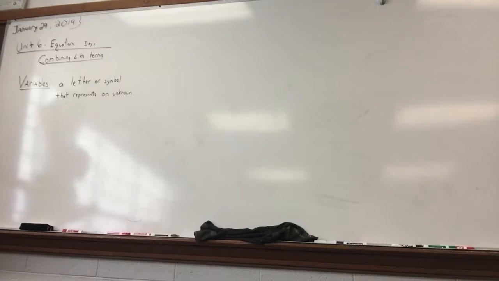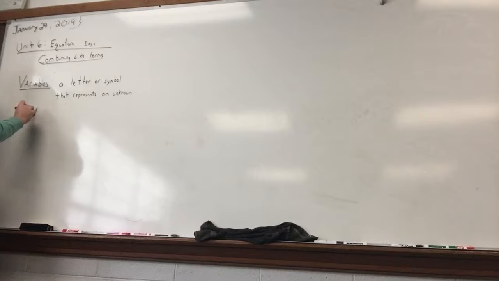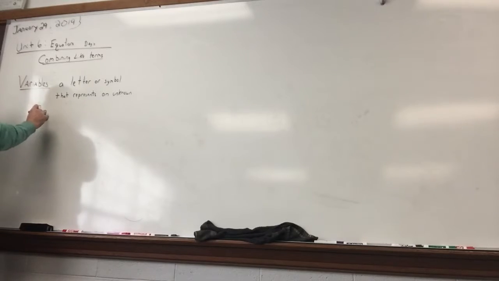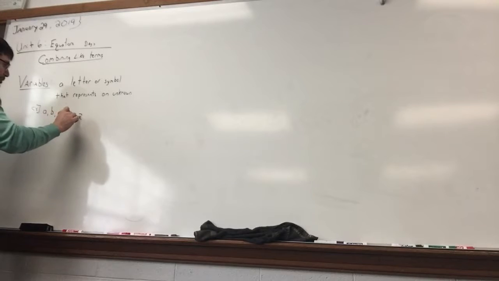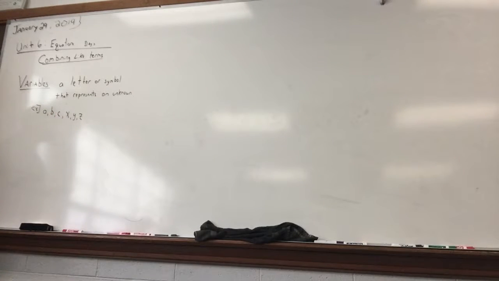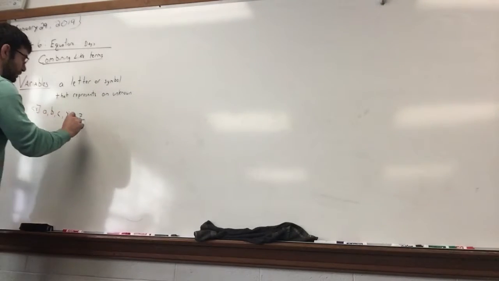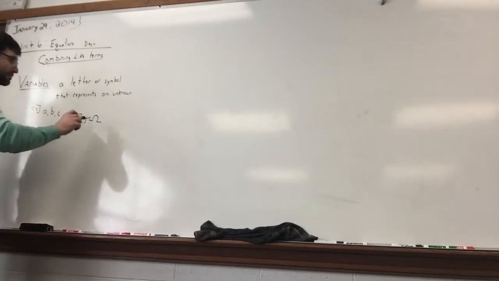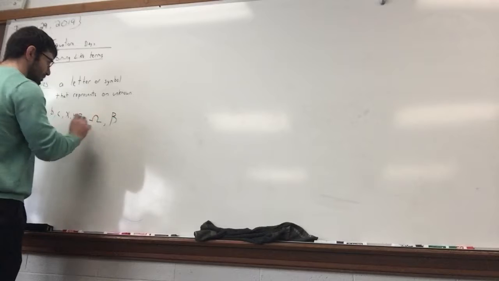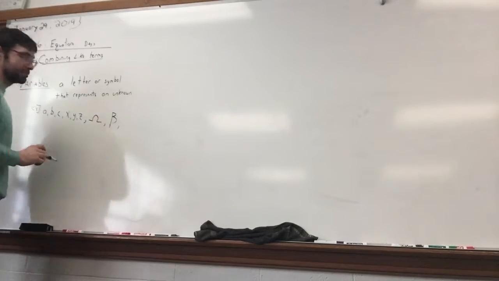Okay? So, letter or symbol, you're like, a symbol? Because most of us think of variables as A, B, C, X, Y, Z. Well, as you keep on moving up, you might see omega. You might see a beta.